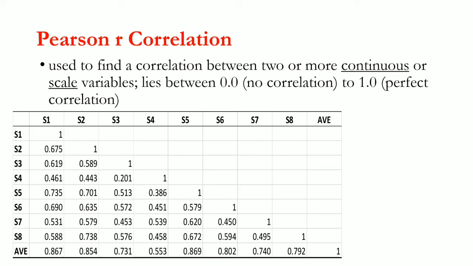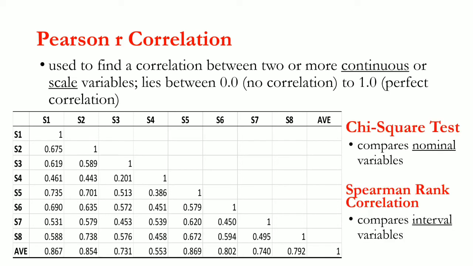So that's positive, meaning the higher their performance in subject 1 means the higher their average. So as you can see here, the correlations are generally good, meaning all the subjects account for or influence the average performance of the student.